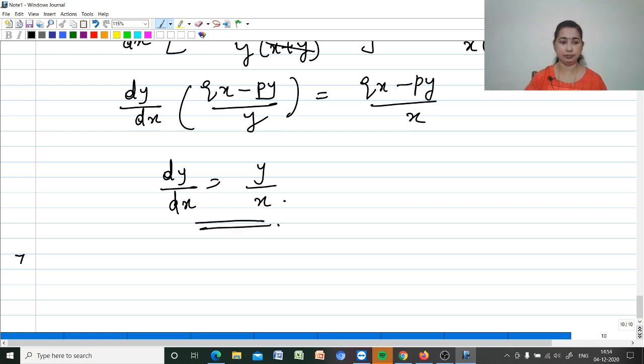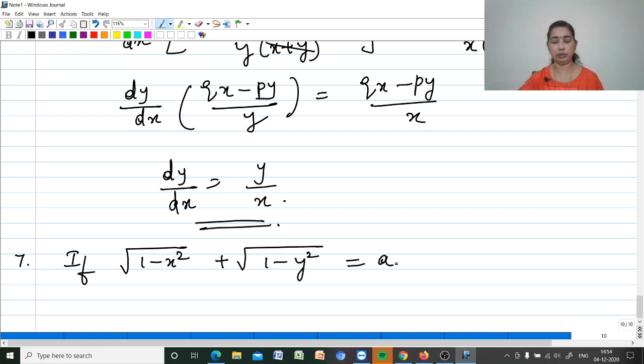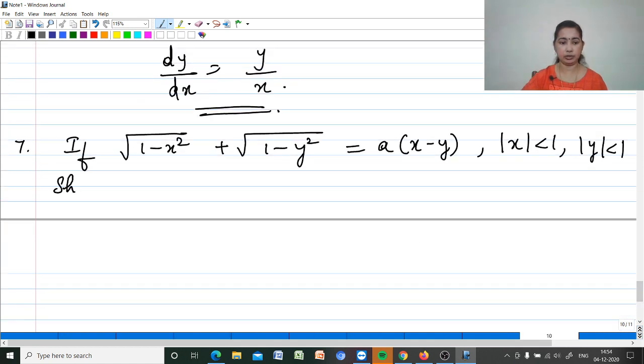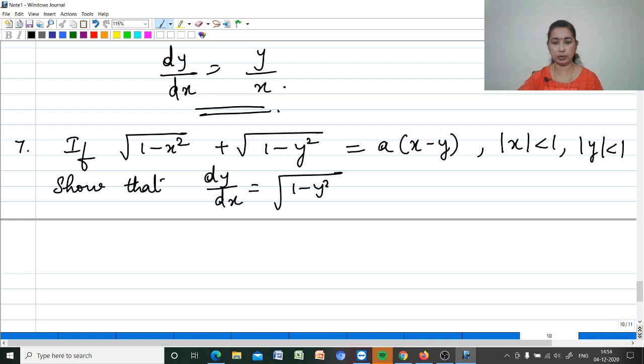Now next one, if root of 1 minus x square plus root of 1 minus y square equal to a into x minus y, mod x less than 1, mod y also less than 1, show that dy by dx equal to root of (1 minus y square) by (1 minus x square).